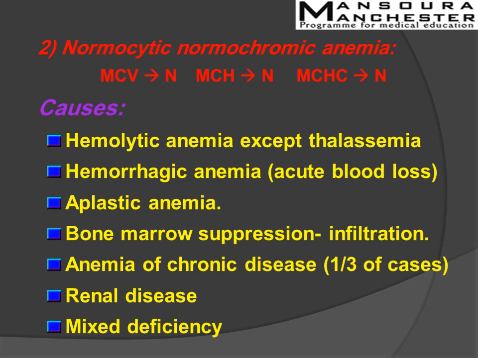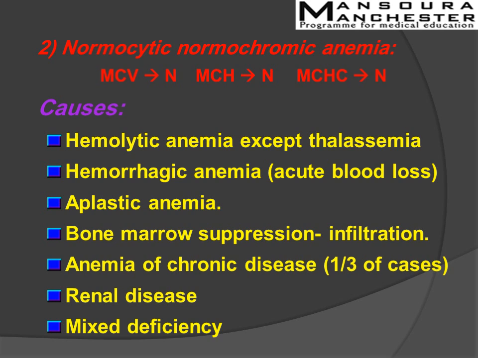Normocytic anemia: in these cases, MCV, MCH, and MCHC are within the normal range. The causes are hemolytic anemia except thalassemia, which is microcytic anemia, and hemorrhagic anemia, precisely the acute blood loss, because chronic blood loss results in iron deficiency anemia, which is basically microcytic anemia. We have aplastic anemia, which is actually pancytopenia, and the anemia is usually normocytic normochromic.